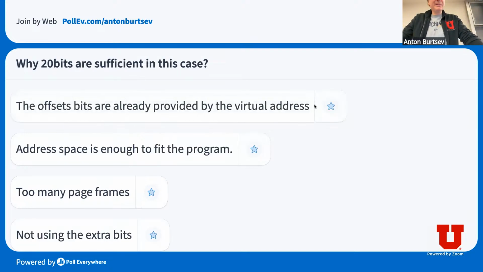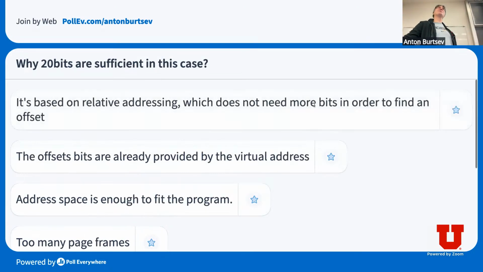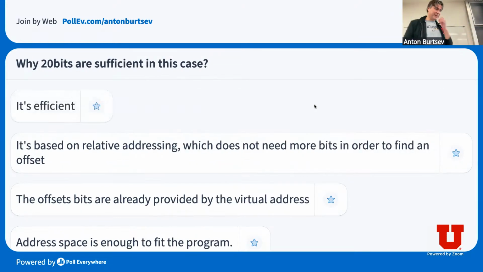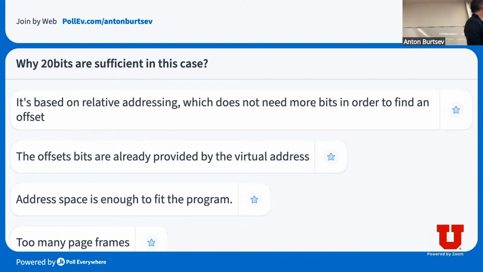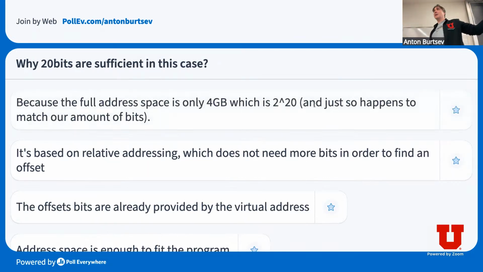Really? By the way, the exams will be kind of specific, just an insight into the exams. Let's finish the poll first, but I will show you a link to the previous exams. I post them online. There is no secret in what we're asking on the exams.